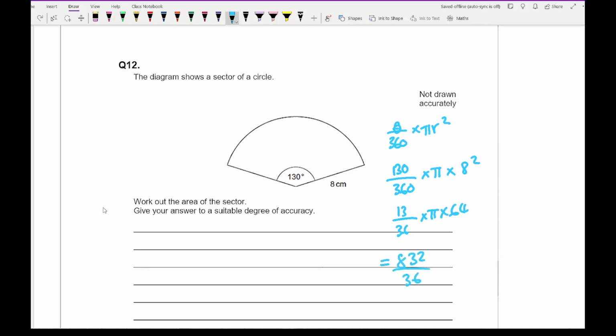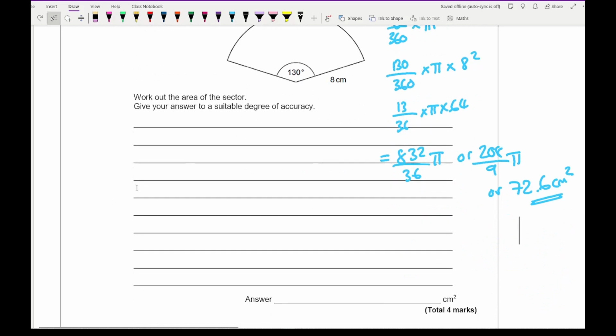So all I've done there is 13 times 64 pi, or I can simplify the fraction as 208 over 9 pi, or if this was on a calculator, it would be 72.6 centimeters squared, and there is my final answer, and that's all rounded to 1 decimal point. Or what I've done is use the exact values with pi, so any of those would be fine.